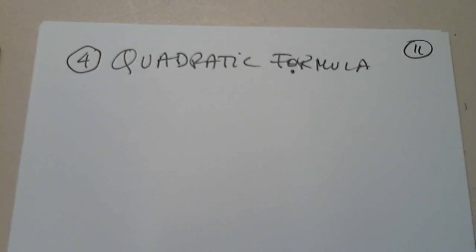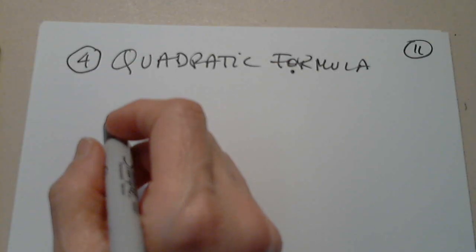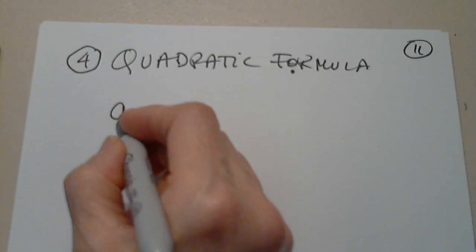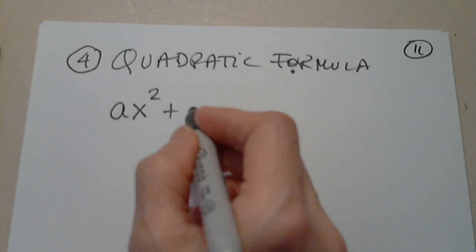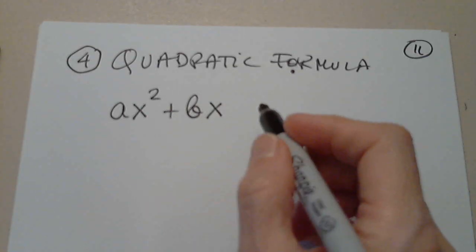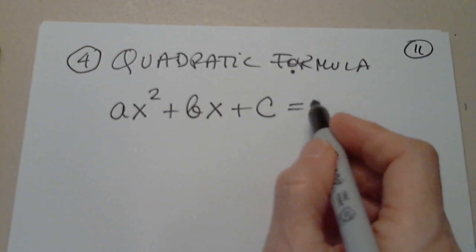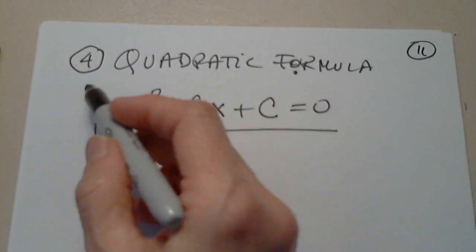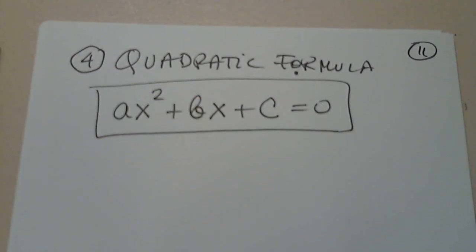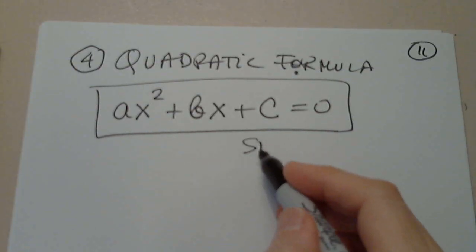But it can be applied only if the equation is in standard form: a leading coefficient times x squared plus the middle coefficient times x plus the free term equals 0. This is the standard form. If the equation is not rearranged in the standard form, we cannot use the quadratic formula.